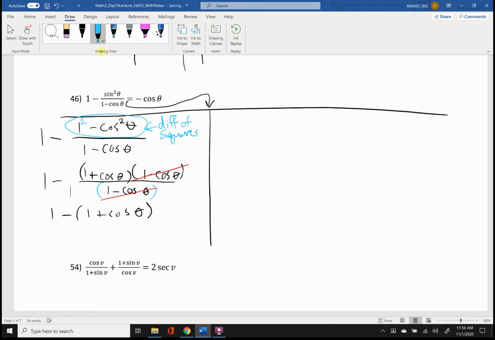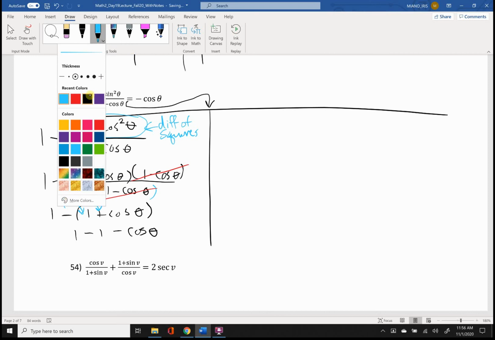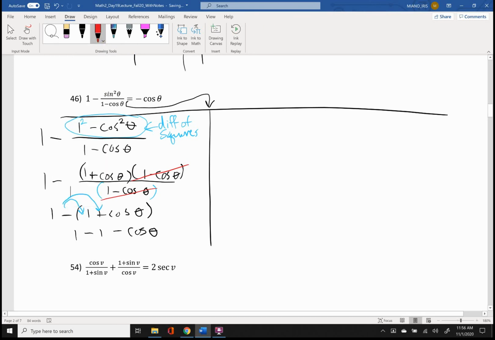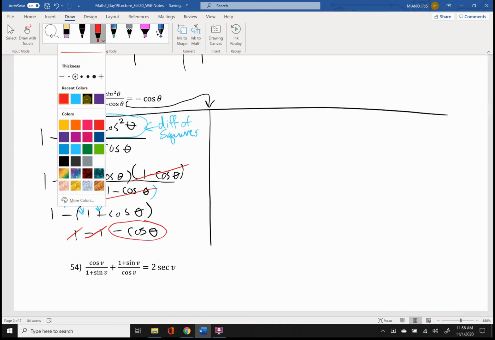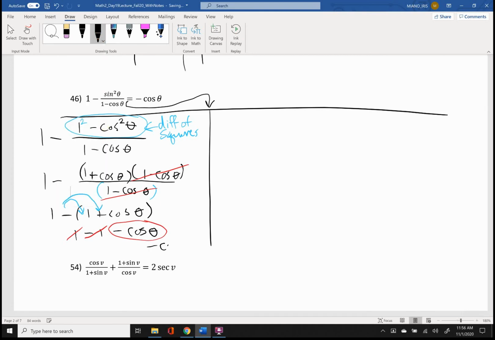We've got to distribute through this negative sign, so we'll have 1 minus 1 minus cosine theta. 1 minus 1, well, those are opposites, and they will cancel each other out, and we'll just be left with negative cosine theta, which is exactly what we were meant to establish.